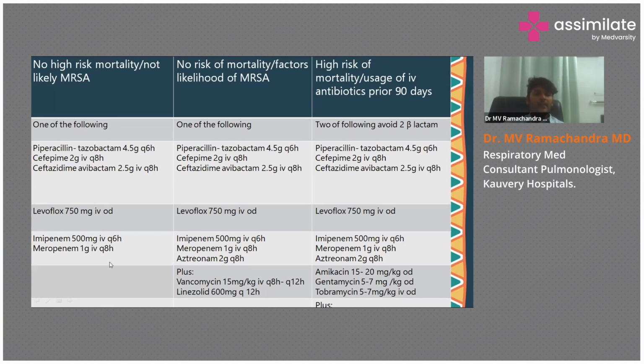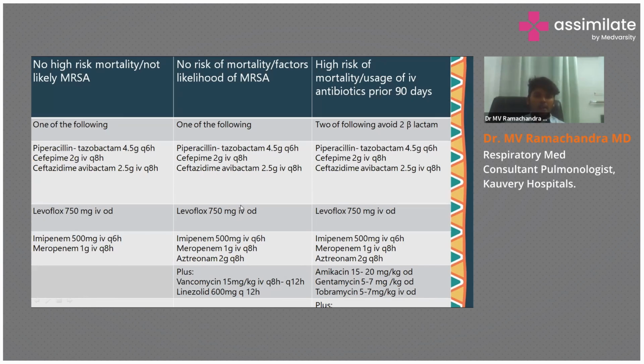If you suspect MRSA and there is still no risk of high mortality, you can use one from these groups, like piperacillin, cefepime, ceftazidime, levofloxacin, or a carbapenem like imipenem, meropenem, aztreonam. Aztreonam is kind of narrow, so usually they won't differ unless you know the proper culture reports.